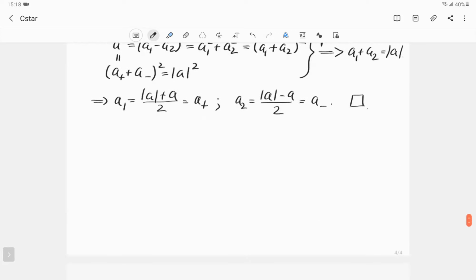Okay. Our next result is probably one of the most fundamental properties of positive elements. So we have the following theorem due to Kaplansky. The theorem states that for each element a in our C-star algebra, the element a star a is positive.